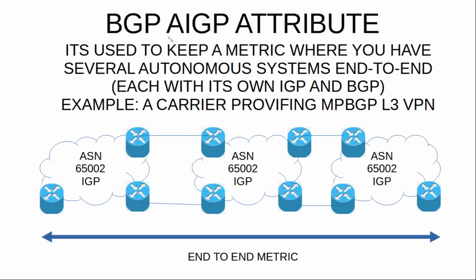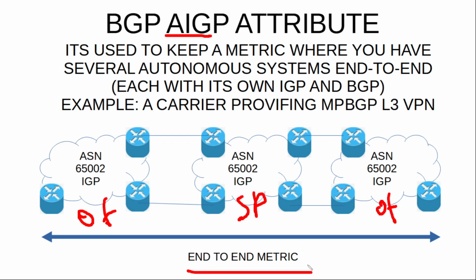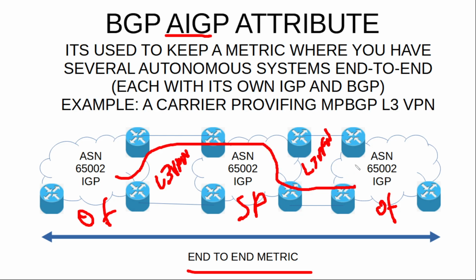There is another attribute that is known as the AIGP. This is mostly not used. However, it provides a metric when you have a service provider and you have one office here and one office here, and it provides you an end-to-end metric, but it is not really used. When you're using layer 3 VPNs, it is desired to use the best paths to reach the endpoints of your network.